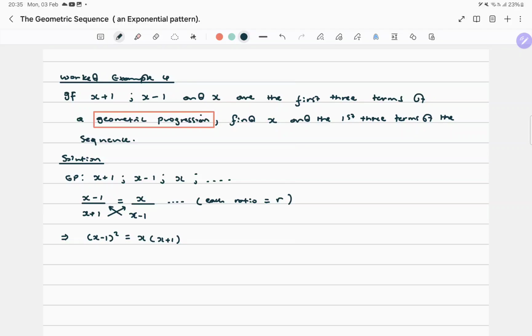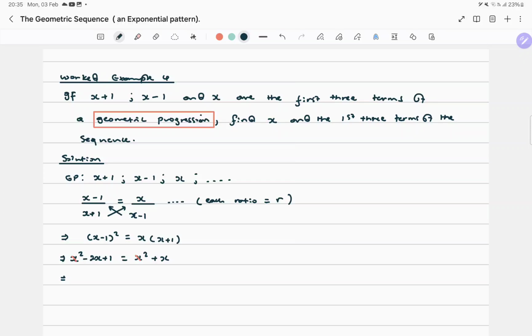And then we follow up nicely as we know how to deal with algebra. This is x squared minus 2x plus 1 equals x squared plus x. Now we can see that this and that are the same sign on either side of the equal sign.